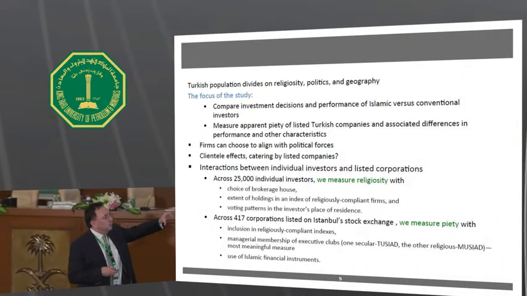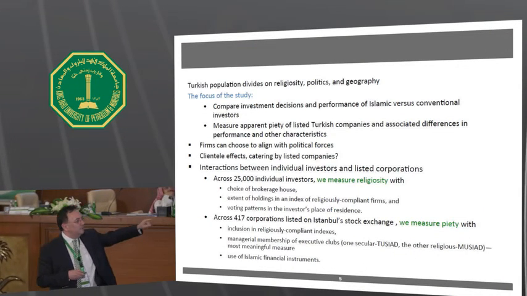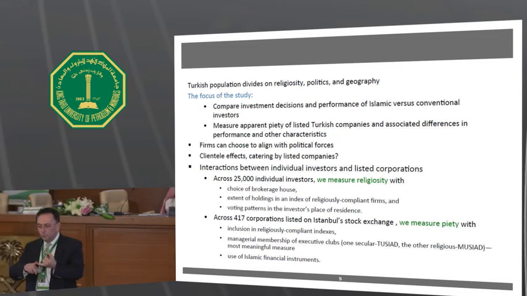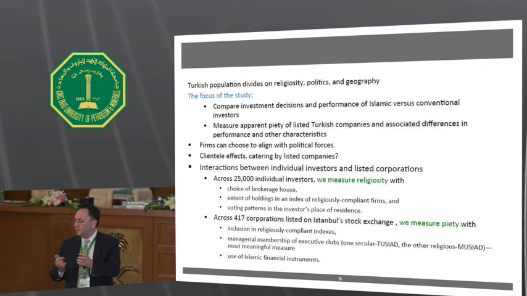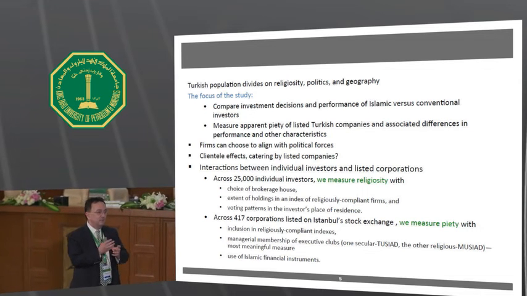So in terms of the religiosity of the investors, we have 25,000 individual investors coming from a random sample. We know a lot of information about these investors: which brokerage house they invest through, their locations, their wealth position, and how much stock they have invested.